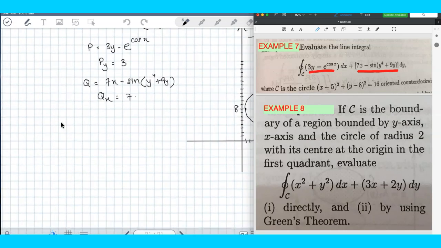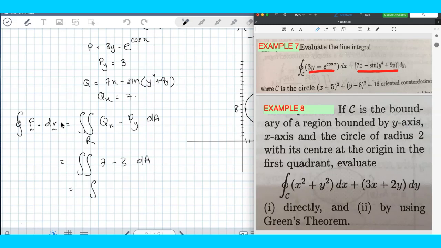Now we want to solve the line integral using Green's theorem. We use the formula, double integral of Q_x minus P_y dA over the region. So Q_x minus P_y is 7 minus 3, which gives you 4 dA.